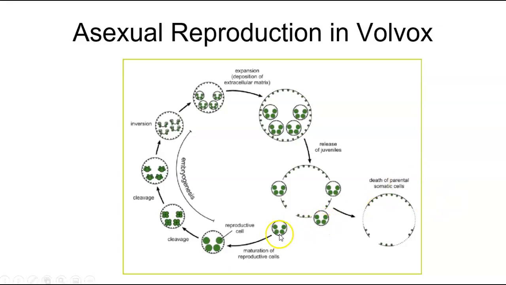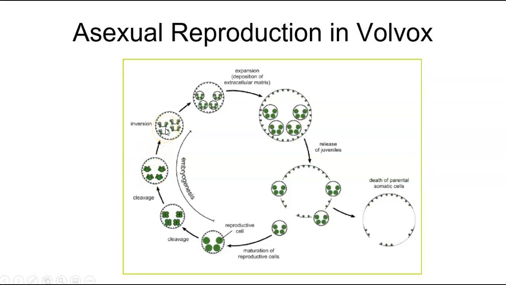We can start over here. We have one Volvox here. Inside of it, you can see the daughter colonies. They're small, and of course the Volvox is small. It is growing. And what's going to happen is that these cells are going to grow. And as you can see here, the daughter colonies are growing. Their number of cells will continue to increase.